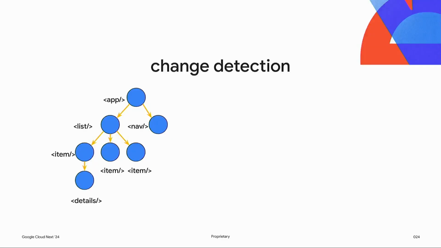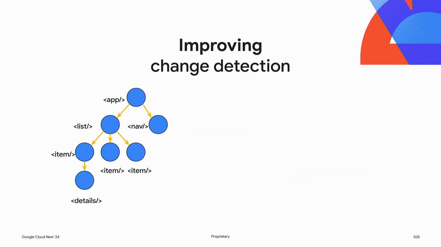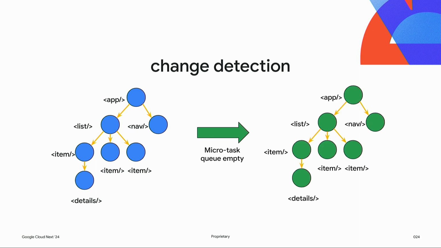Another thing that we've been doing is exploring change detection. So currently on the web, you may know that when you want to make a change to something on your DOM, we microtask the queue, and we say, if you have a change, we need to look at the entire tree of dependency to see what might have updated in your UI.